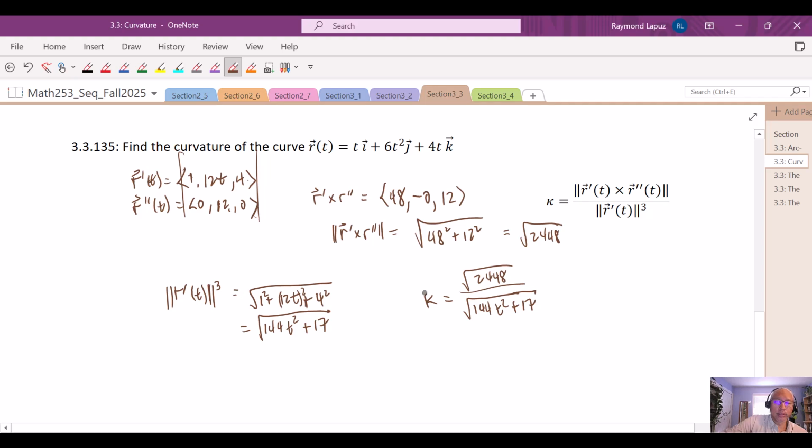So this is our general kappa. Sometimes it's written as a function of t, which makes sense, because it depends on what the t value is, and whatever t value you want to put in there, you'll get a numerical value for the curvature.